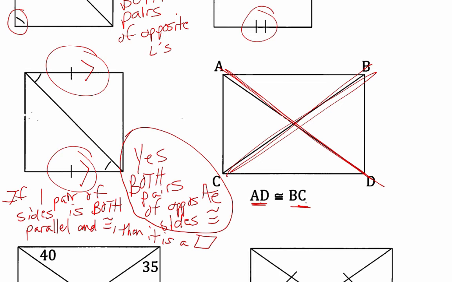And I don't know that the diagonals are bisecting each other. Just because they're congruent doesn't mean they meet perfectly at a midpoint right here in the middle. And I don't have what I just said of one pair of sides that's both parallel and congruent. In fact, I have no parallel here. So I've exhausted the list. None of those things were true. So I'm going to say no, I don't know if this is a parallelogram or not.